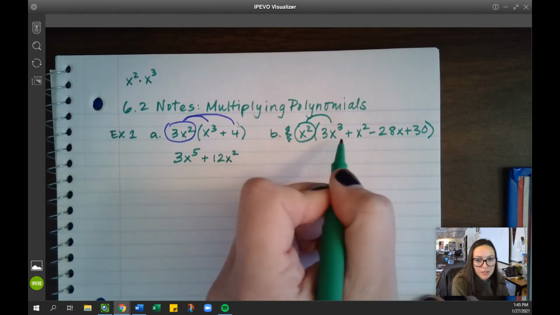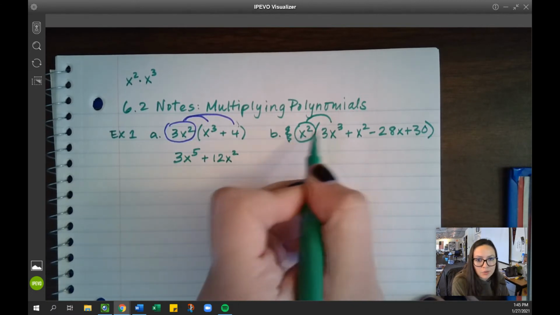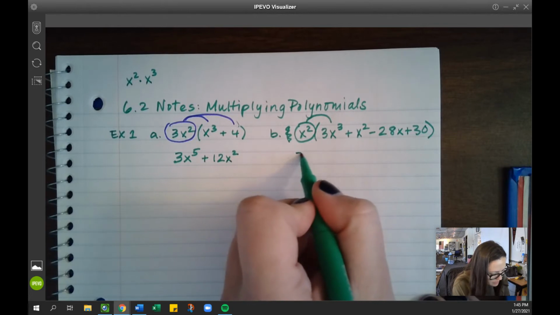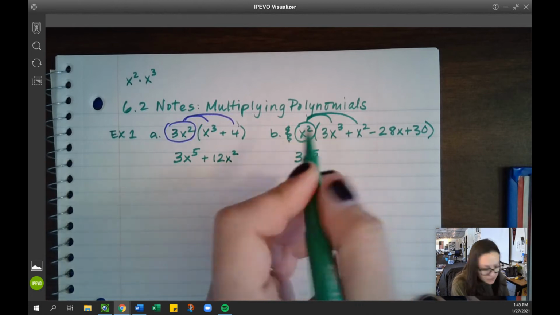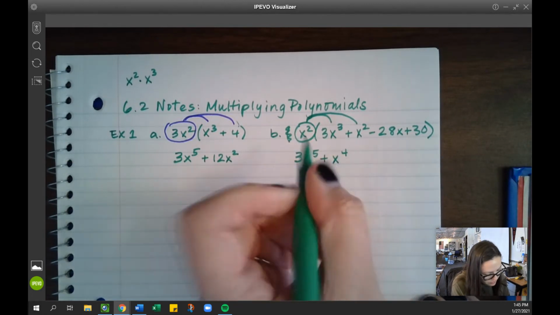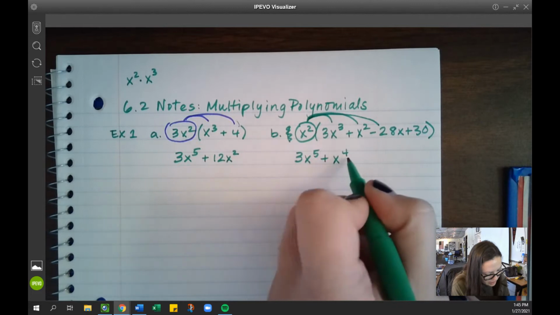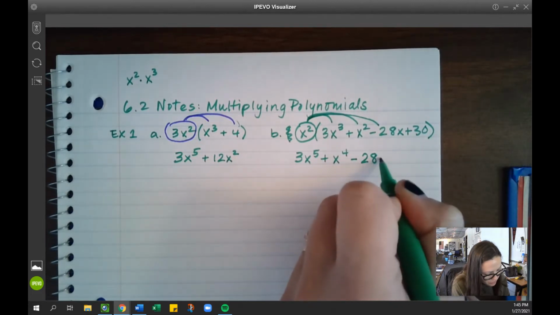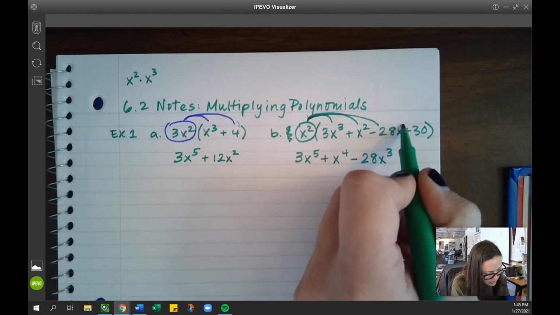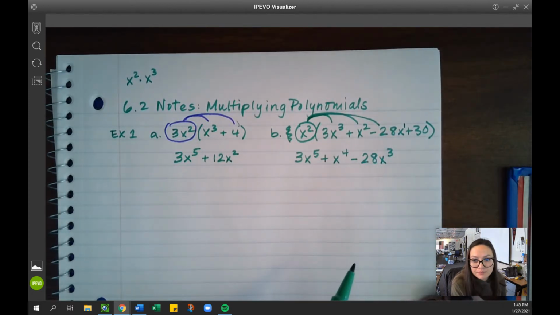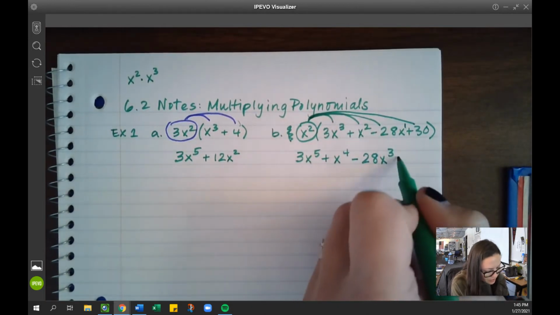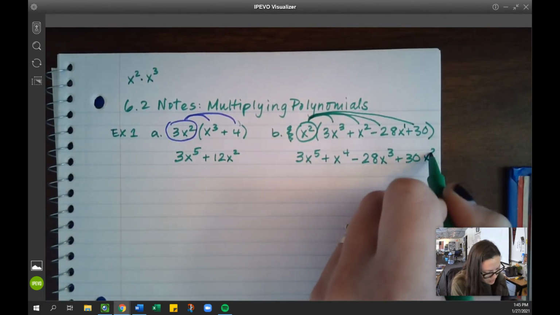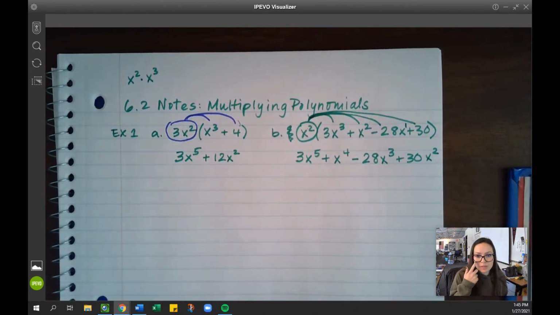Again, when I multiply two x terms together, I'm going to add the exponent. So this is going to become 3x to the 5th. X squared times x squared will be x to the 4th. X squared times negative 28x is going to be negative 28x cubed, because remember, that's really x to the 1st. So 1 plus 2. X squared times 30 gives me 30x squared. And that would be our final answer. And those are both polynomials.